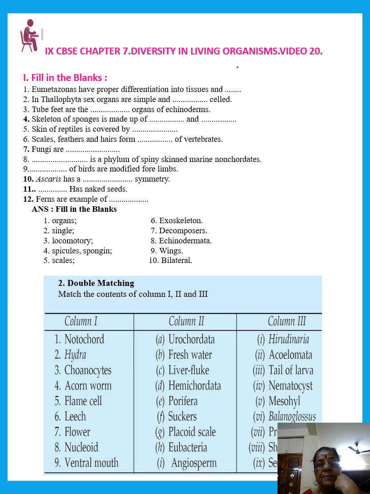Echinodermata is a phylum of spiny skinned marine non-chordates. Wings of birds are modified forelimbs. Ascaris has bilateral symmetry.